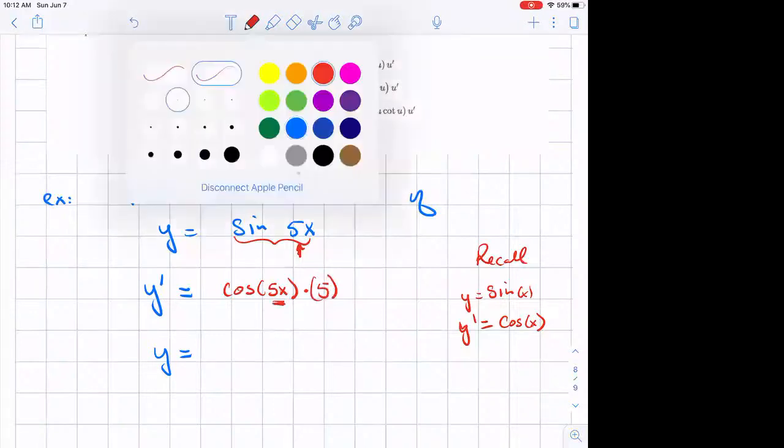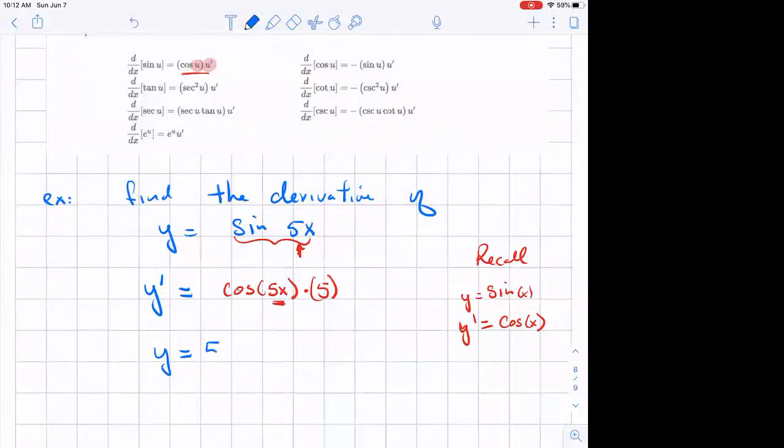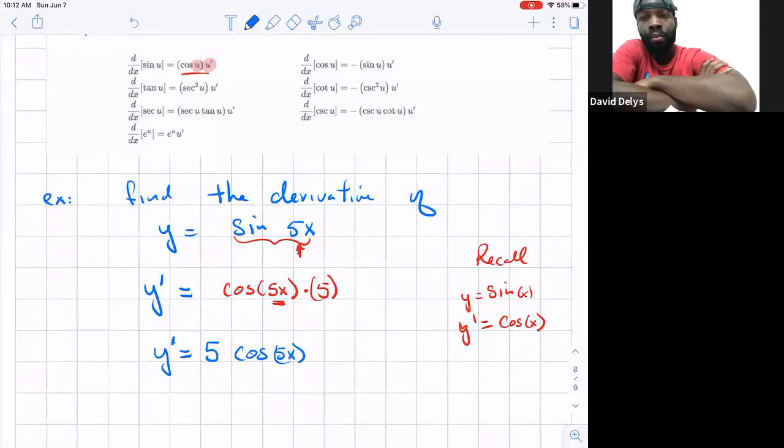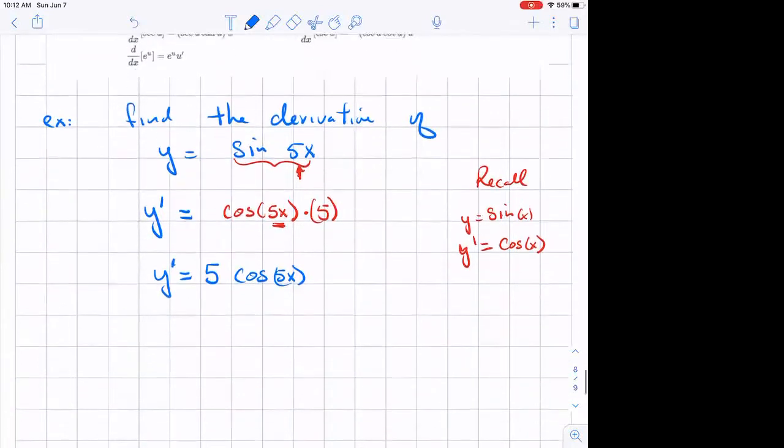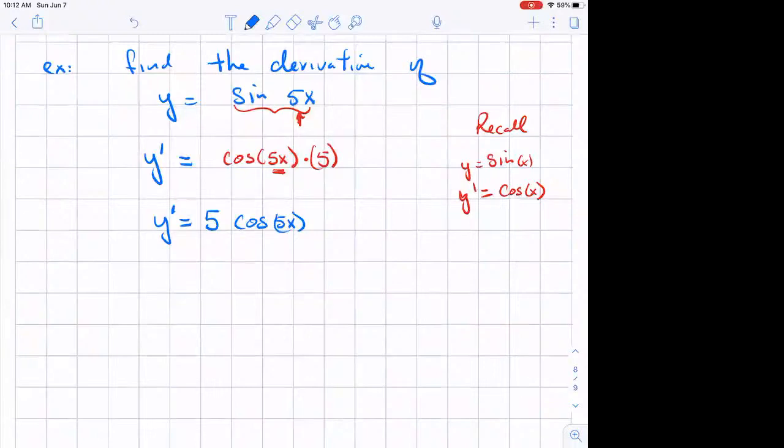So finally we have y prime equal to 5 cosine of 5x. Questions? Any questions?